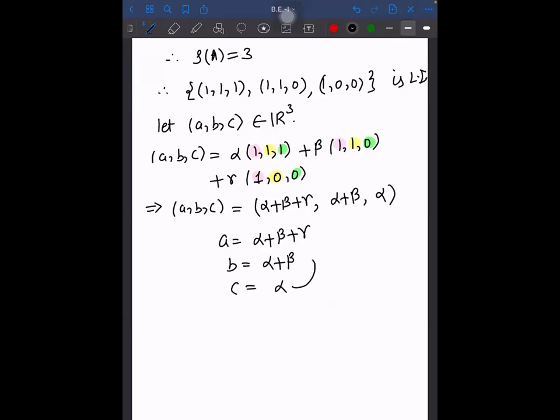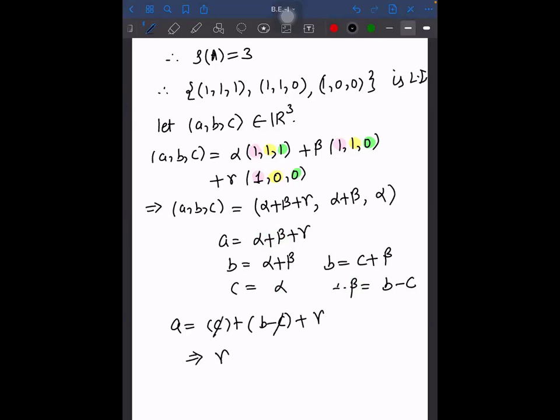Now you put the value of C over here, put the value of alpha over here and you'll get the value of beta, right? So B is equal to C plus beta, so your beta is equal to B minus C. Now you have the value of alpha and the value of beta, you put these values over here, and you'll be able to get the value of gamma. For A, the value of alpha is C, the value of beta is B minus C, plus gamma.